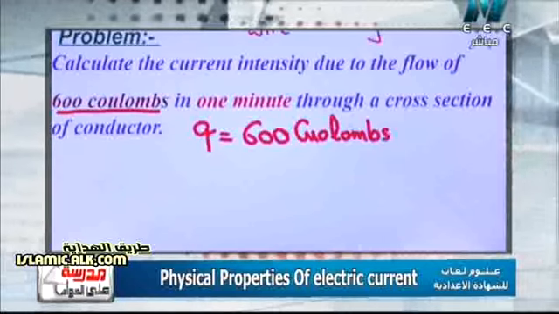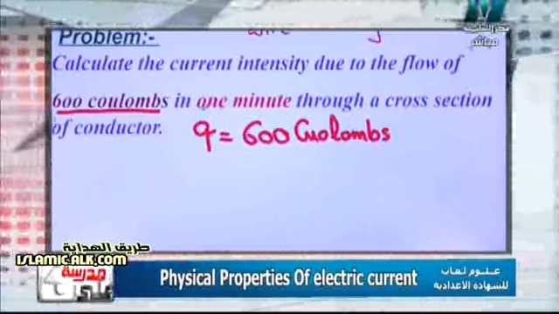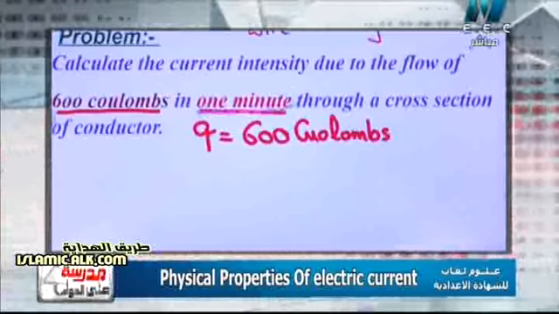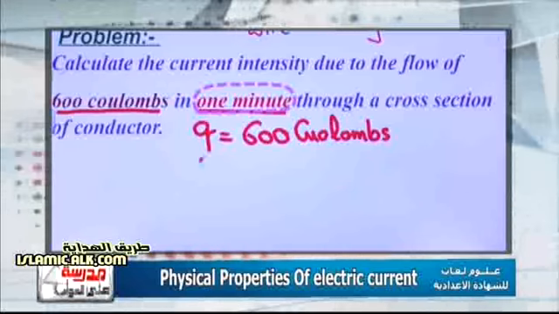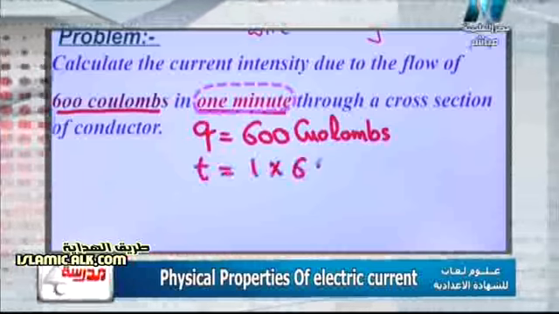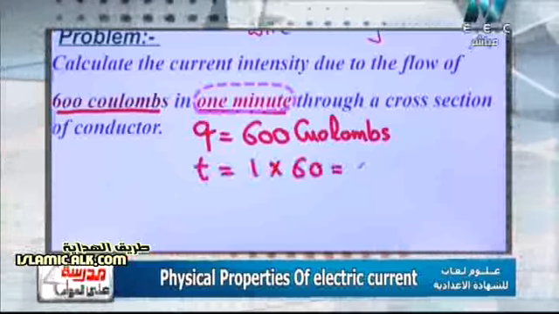And here we have in 1 minute. So time T equals 1 times 60, because the measuring unit of time is seconds, not minutes.